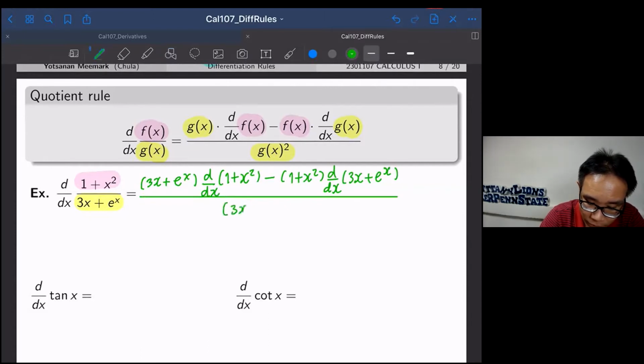So it's going to be 3x plus e to the x, squared. Okay, so this one like this. And then you just have 3x plus e to the x.